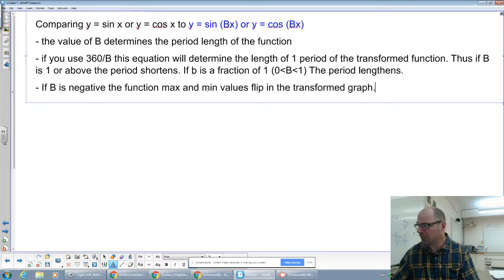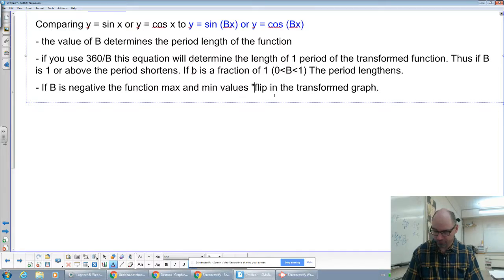So that's two of the values we want to look at.